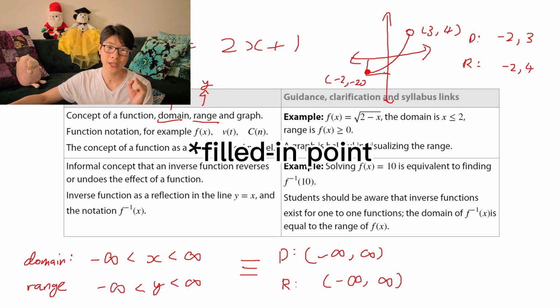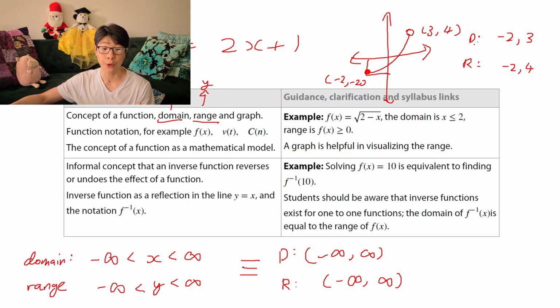Well, if it's a filled in circle, that means it's inclusive. That means it actually includes that point, which means we can use our square brackets here to show that our domain includes -2. However, when we reach +3 right here, our upper value for our domain, it actually is a hollow circle, meaning it doesn't include the term. So we have to express it with a round bracket.